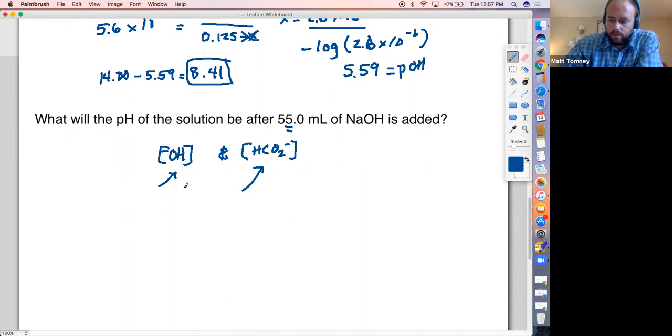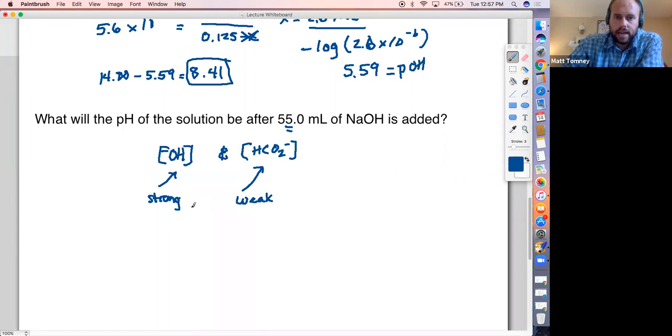The reason that we can make this easier is that this is extremely strong, and relatively speaking, this is going to be extremely weak in comparison. So if I look at the pOH at this point, what is going to be the dominating or contributing factor to the pOH?